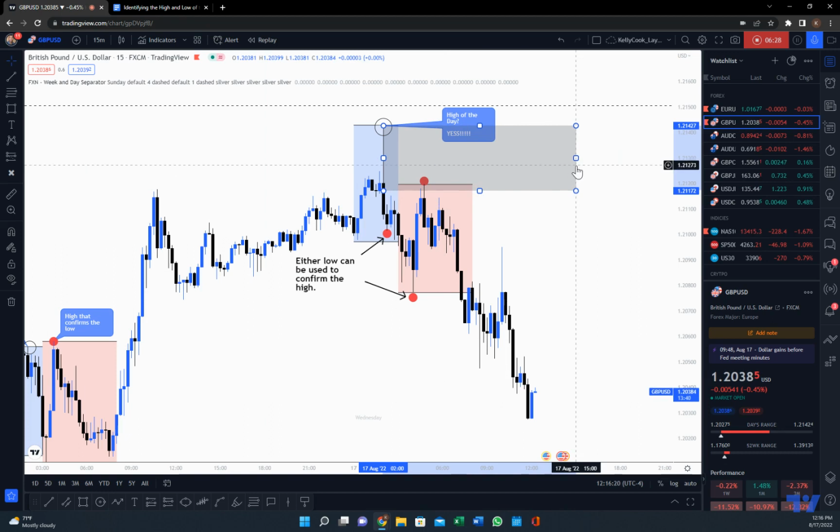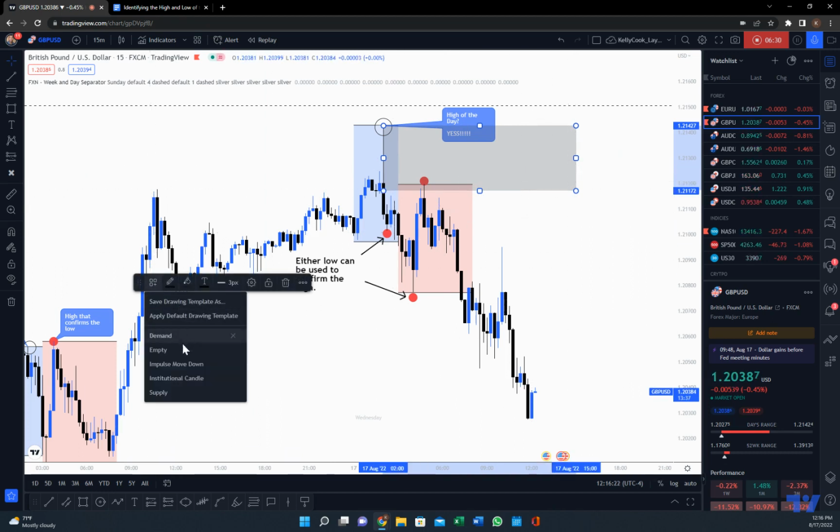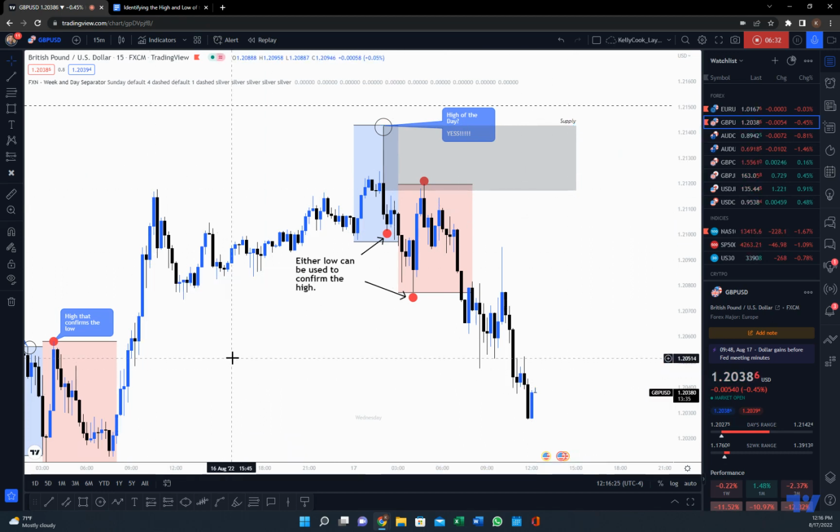And I'm not saying that this is supply, we're not getting into that yet, but this is just saying if you had that marked up, right? You can say that you only want to take supply zones that are near the high of the day, right? Or demand zones that are near the low of the day, right? It adds a lot more confluence to that trade that you want to take, and it helps you kind of buffer out those setups that might not be as high probability.